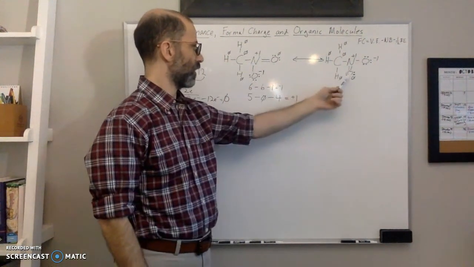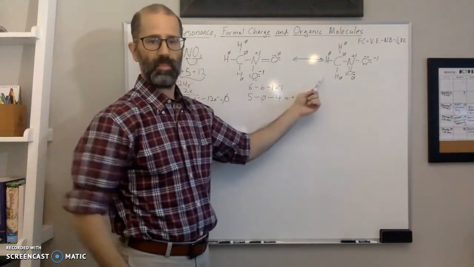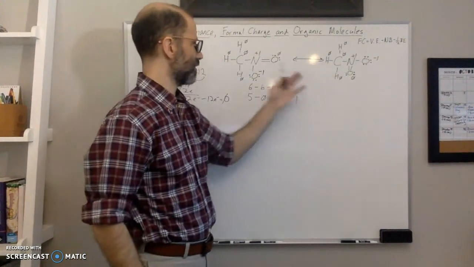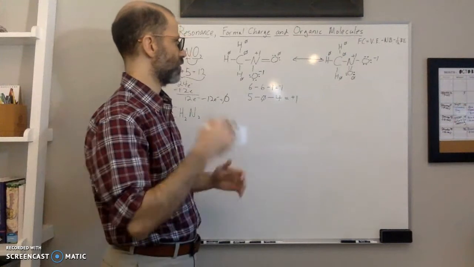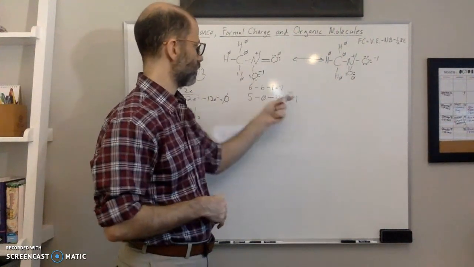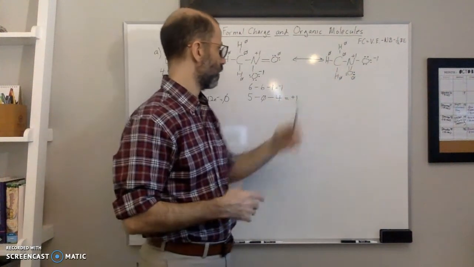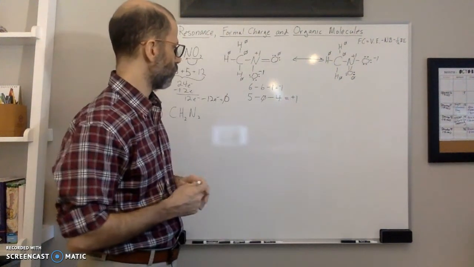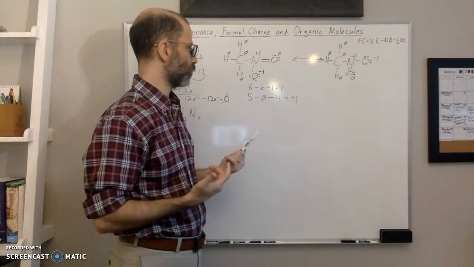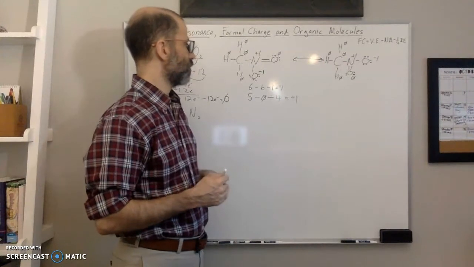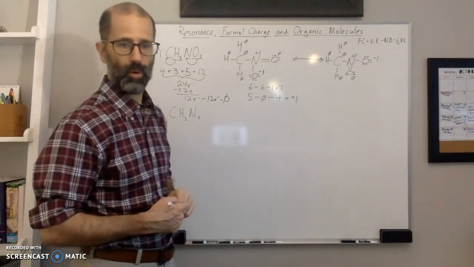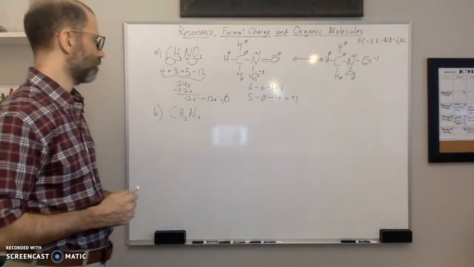Both of these are going to be equally important because they're exactly the same. They've got exactly the same number of formal charges, the same low number. This one has +1, -1, and this one has +1, -1. And so they're exactly the same except for where the formal charges are located. So these would be equally important in this regard.